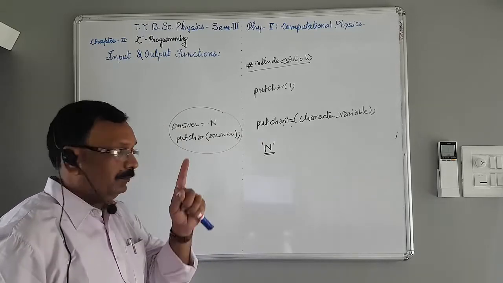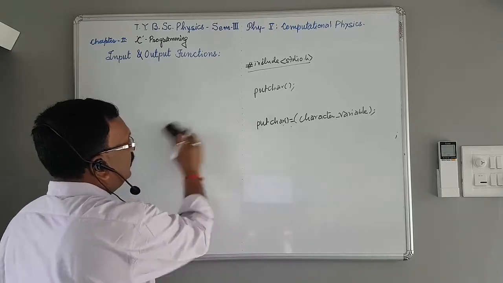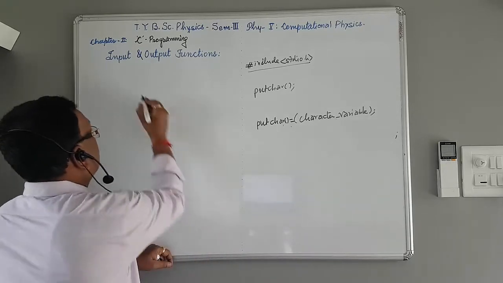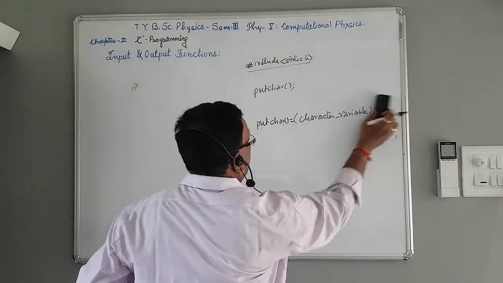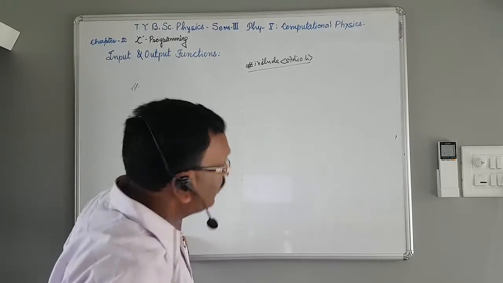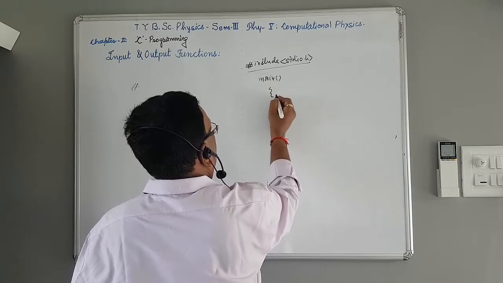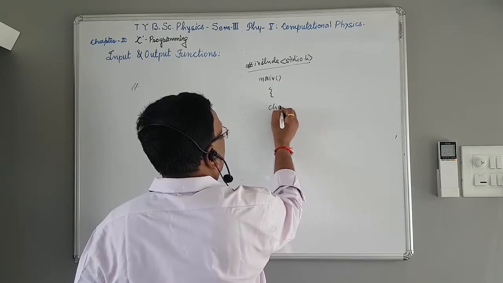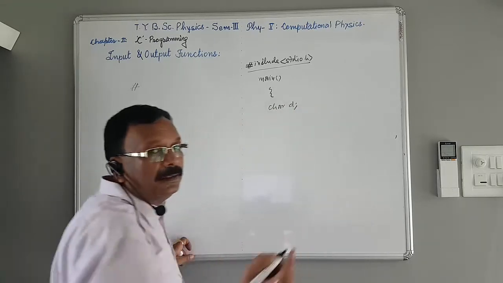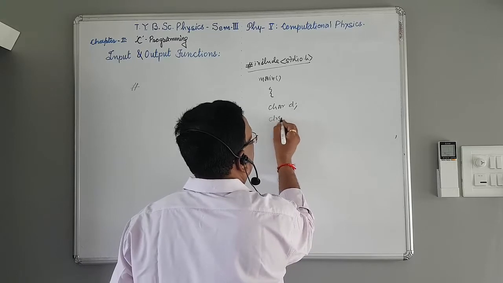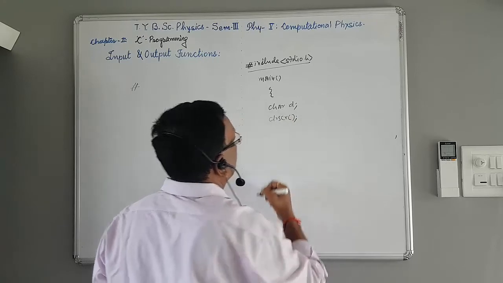Now we want to see a small program in order to understand this putchar function. Again, the include line, I can write here main, then character data, character c, then clrscr. Okay.